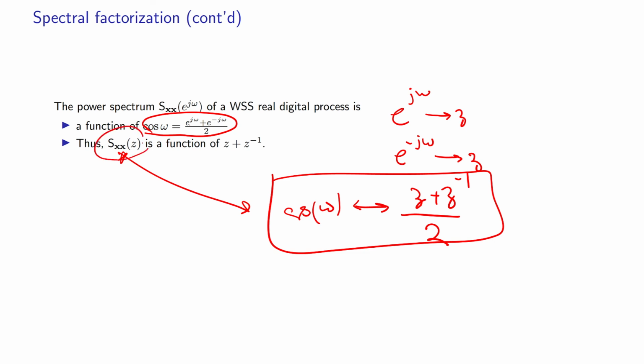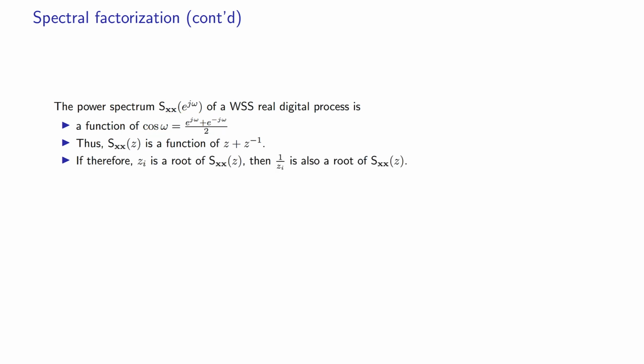We get this one, and then we find the poles and zeros. If zi is a root of that, 1 over zi is also a root of this one, and similarly for the poles. And then we take whatever is inside the unit circle. Remember that if a complex number is inside the unit circle, 1 over z is outside the unit circle, and vice versa.